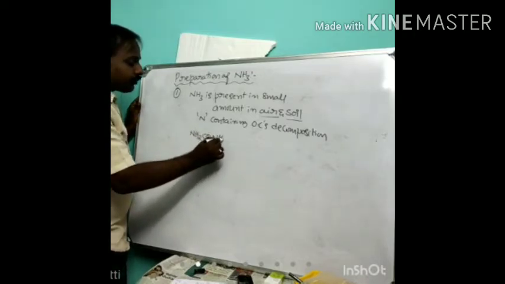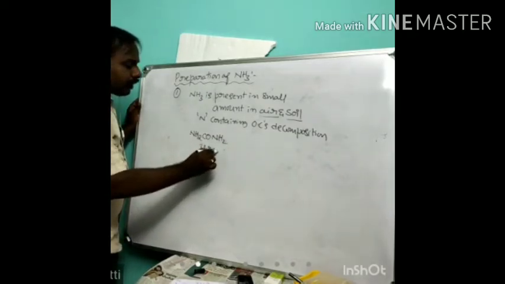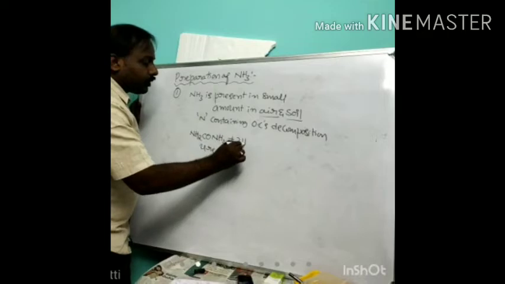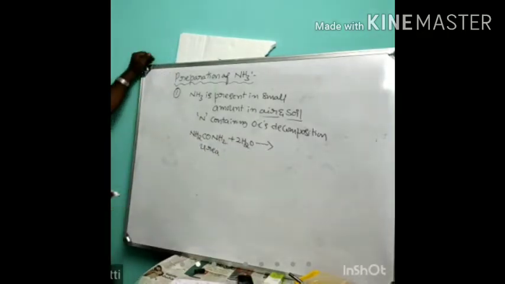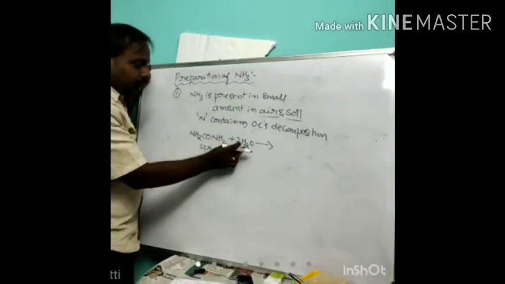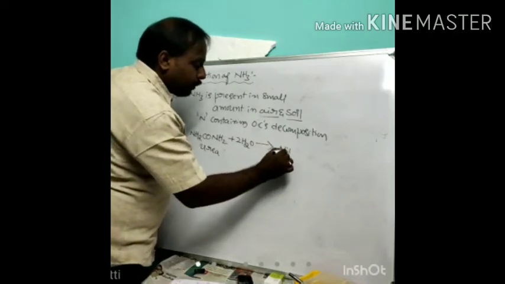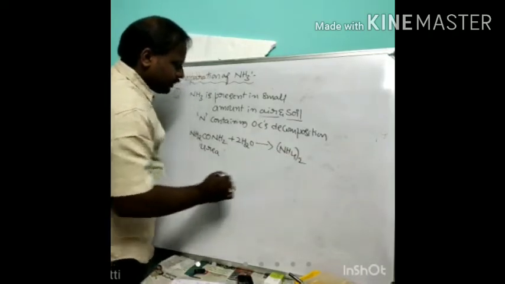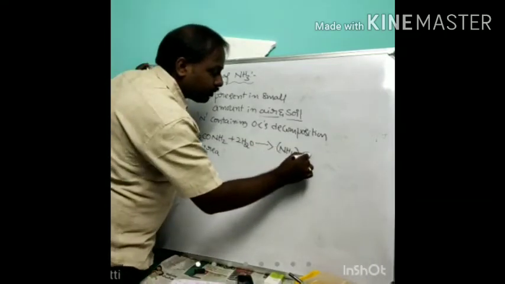NH2CONH2, which we call urea. Urea is used as a fertilizer. When urea undergoes hydrolysis, two waters are added: the two NH2 groups become NH4 twice, and CO becomes CO3.